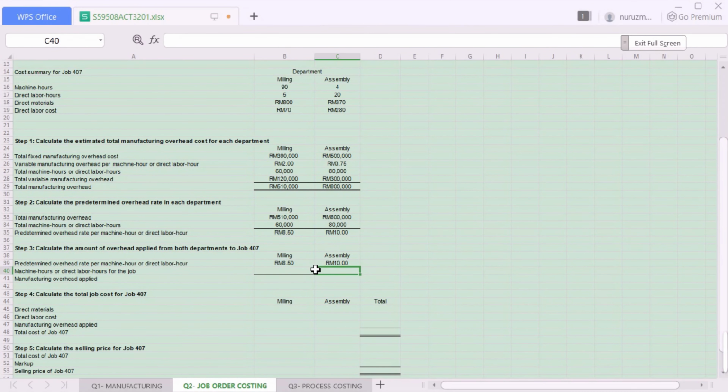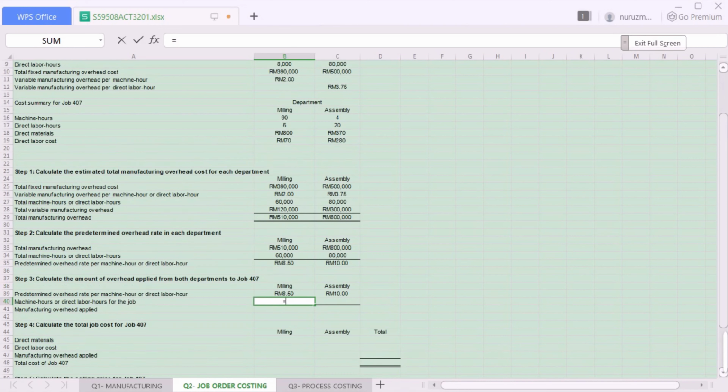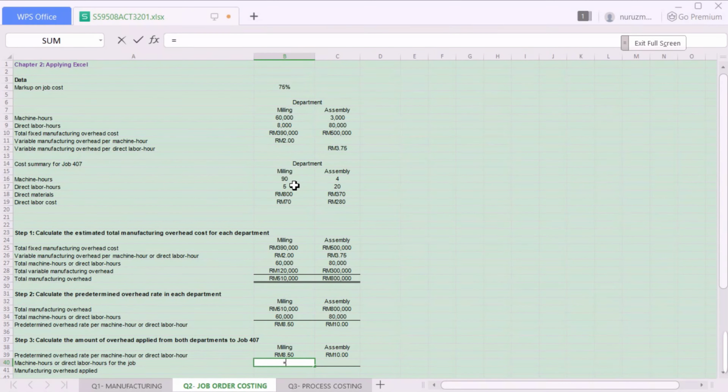Machine hours for milling is 90 and for the assembly 20 direct labor hours.